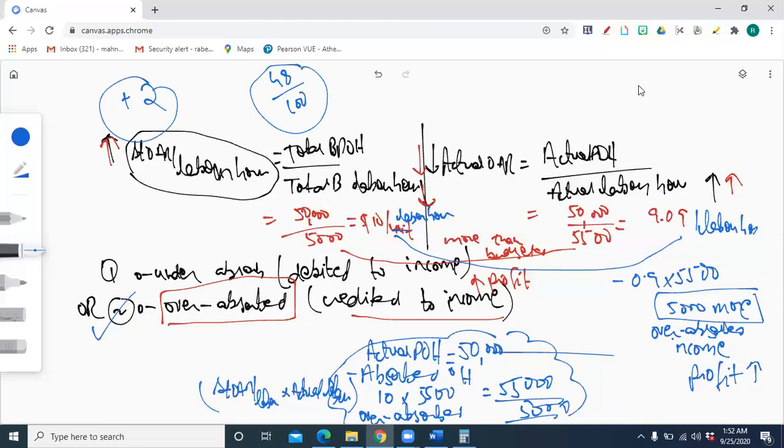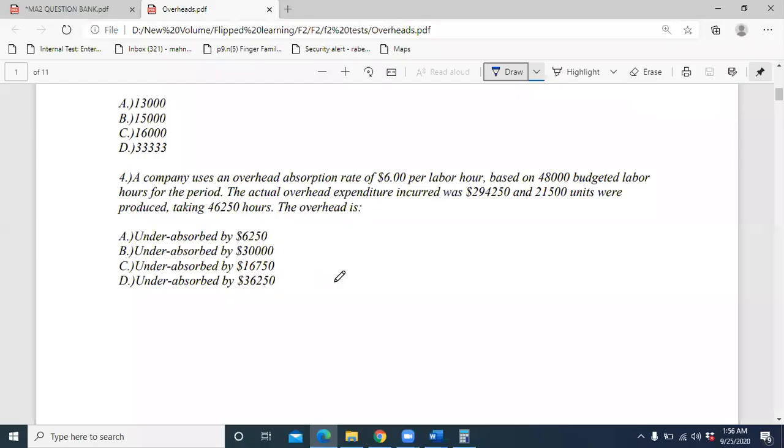Okay, it's very important. At times a question is given to you with certain budgeted data on one hand and actual data on the other hand, and you're required to calculate the difference. That is the variance. Under or over absorbed overhead is basically the variance. For example, a company uses an overhead absorption rate of 6 per labor hour.